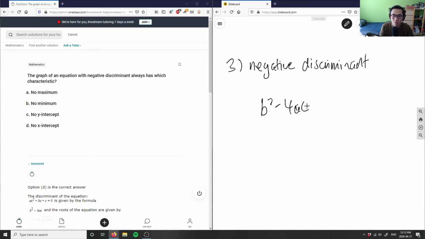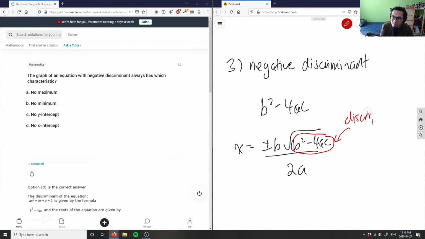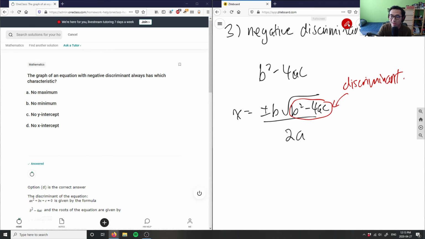Remember our quadratic formula is x equals negative b plus or minus the square root of b squared minus 4ac, all over 2a, right? The thing in the square root here is called the discriminant. And basically it tells us the nature of our roots. So the discriminant talks about whether we have real roots or complex roots.